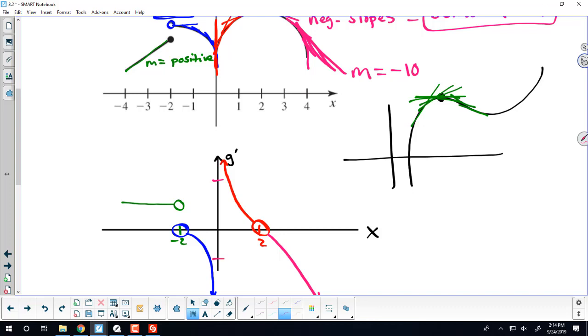So over here we would say, here's negative 10, and that particular slope corresponds to that particular point. And then, what's the slope here? Maybe that's negative 35. And so at that particular point, this output here is negative 35.